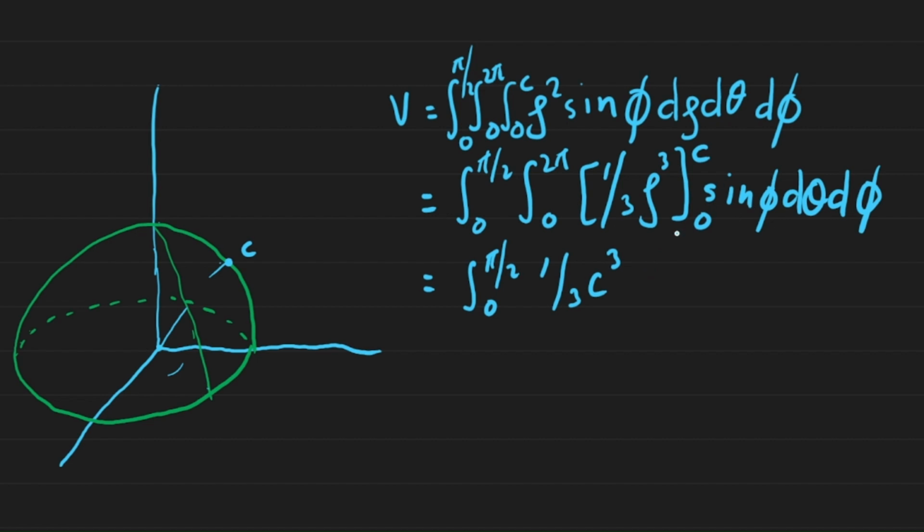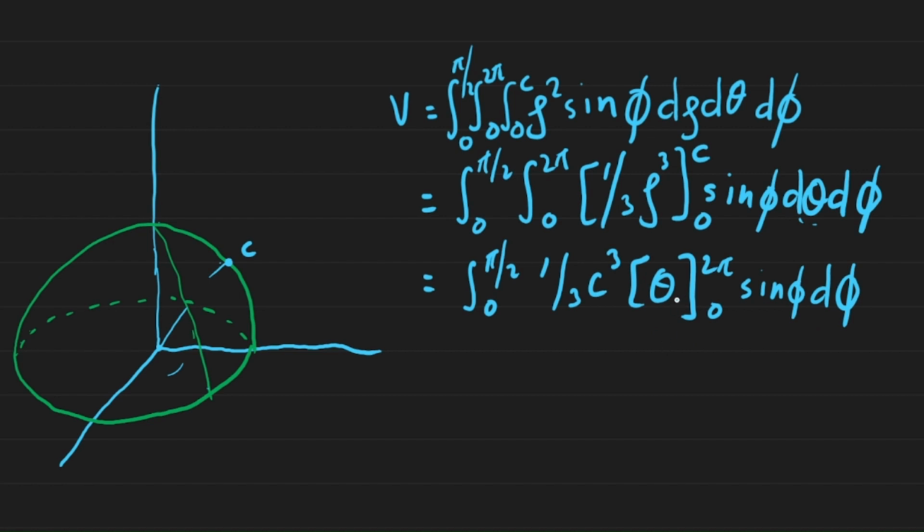And then the integral of d theta is just theta. And then theta is going from 0 to 2 pi. And lastly, d phi, or rather sine. I keep forgetting the sine, sine of phi d phi.